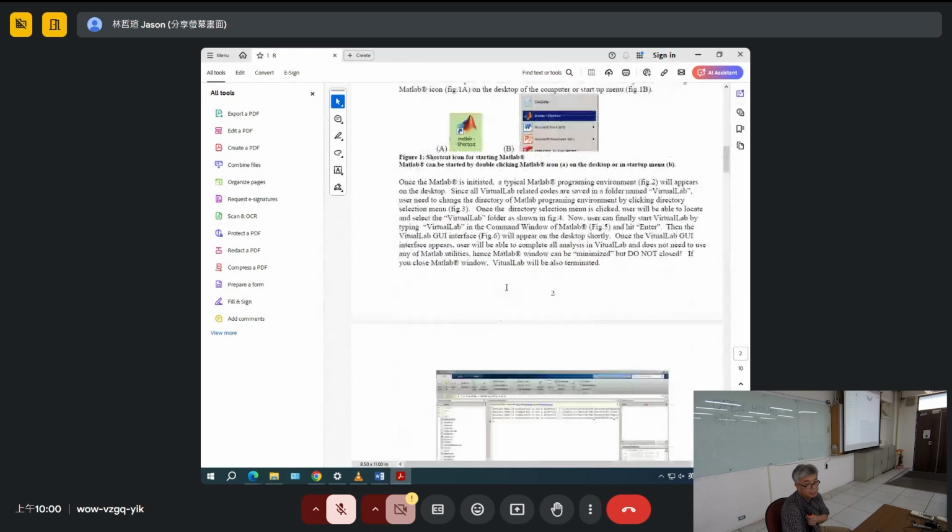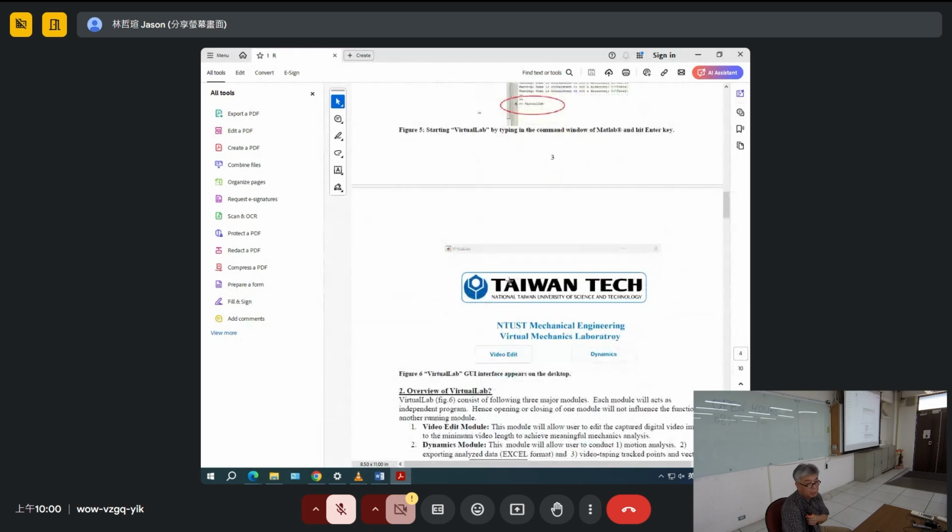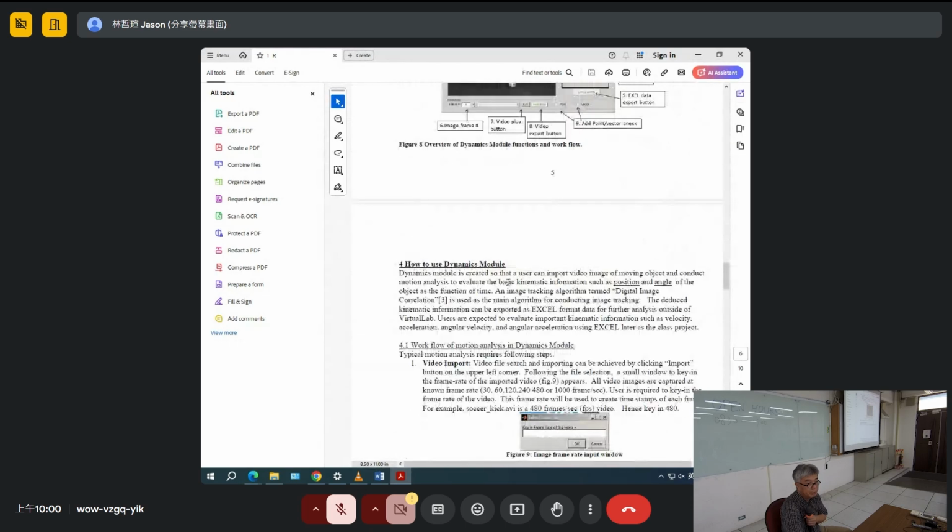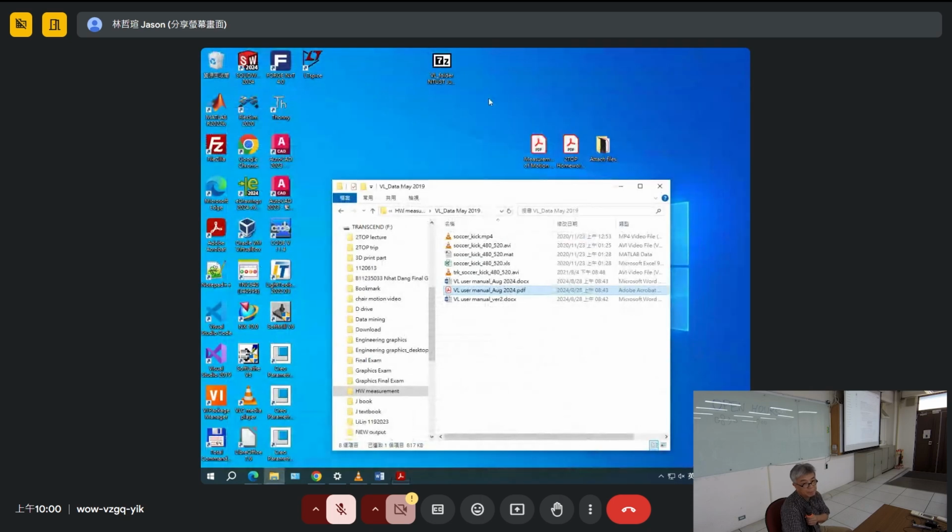This is the user manual of how to use it. So basically I will go through this. Good? Okay, so is everybody here? Did you grab the zip folder? Are we here? Okay, then you have to unzip it.